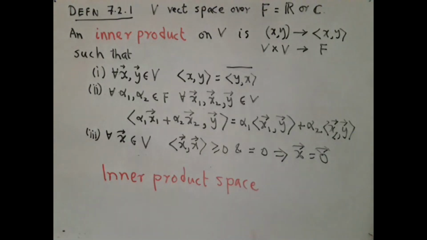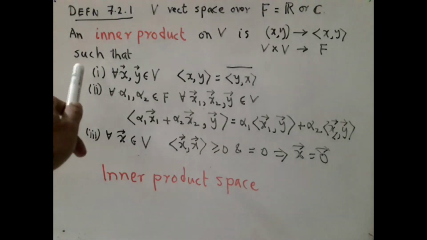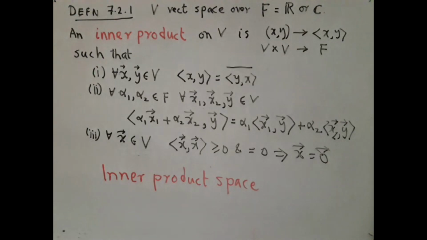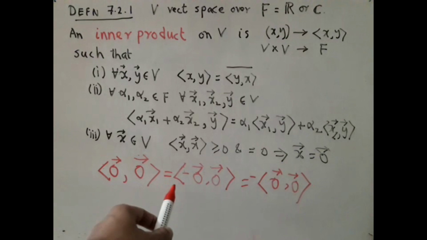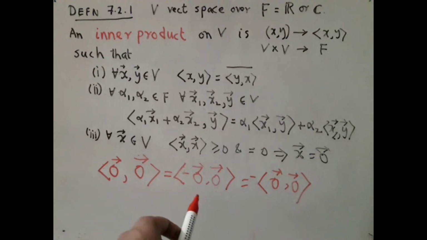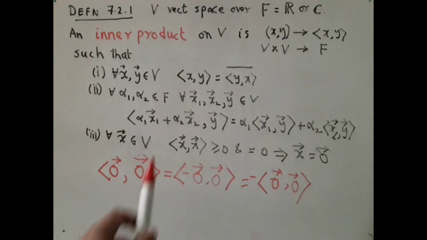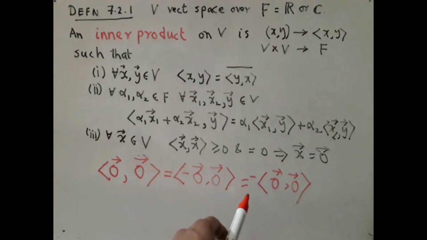It really does not matter because by property 2 we must have inner product of 0 with 0 is the same as inner product of minus 0 with 0, because minus 0 is the same as 0. By property 2 the minus comes out, so it is minus of inner product of 0 with 0.